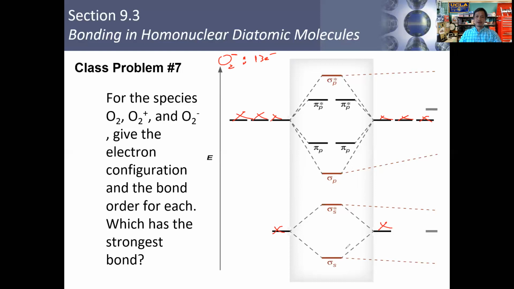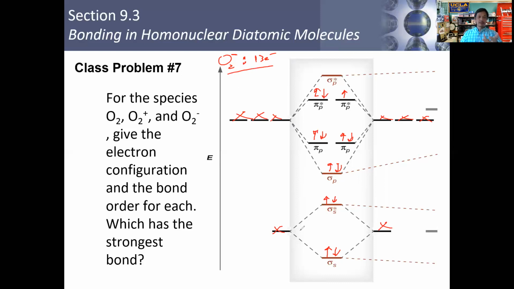Starting at the bottom, 1, 2, 3, 4, 5, 6, 7, 8, 9, 10, 11, 12, 13. So there are the 13 electrons that make up O2 minus.